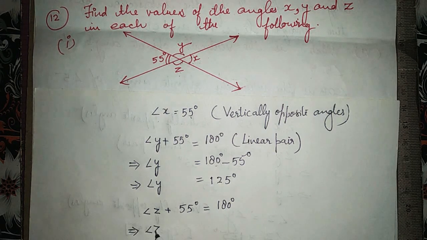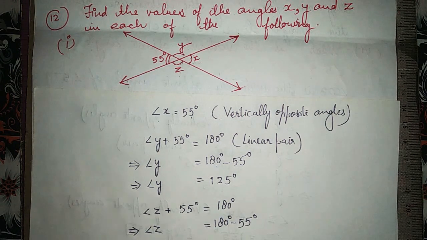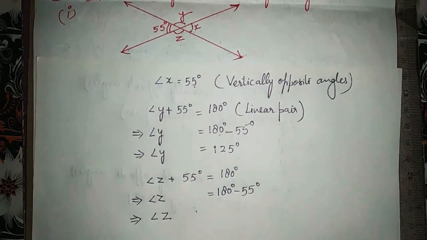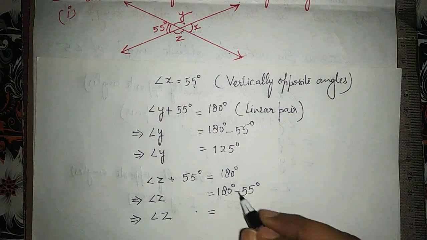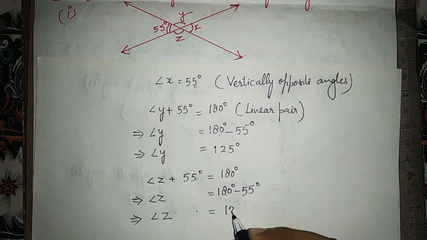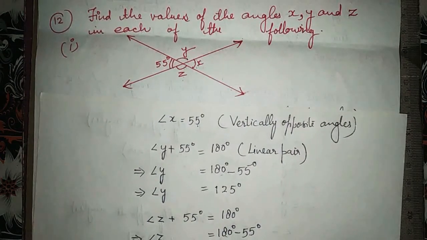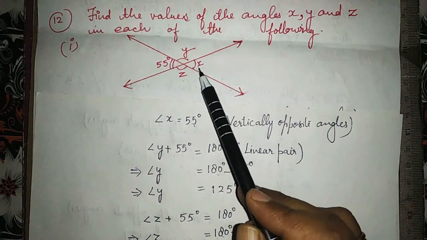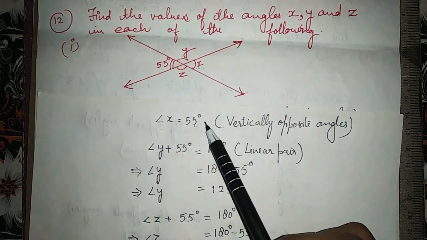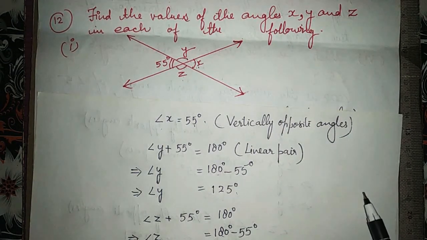In the next step, angle z is equal to 180 degrees minus 55 degrees, and when we subtract from 180 degrees, we will get 125 degrees.